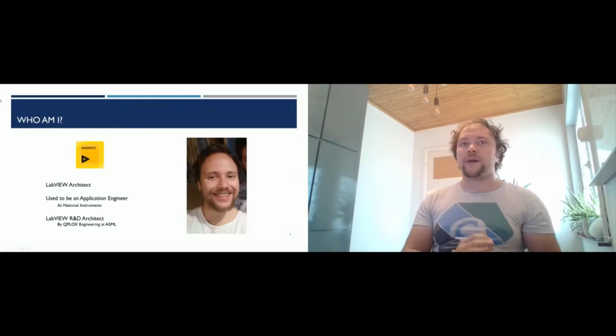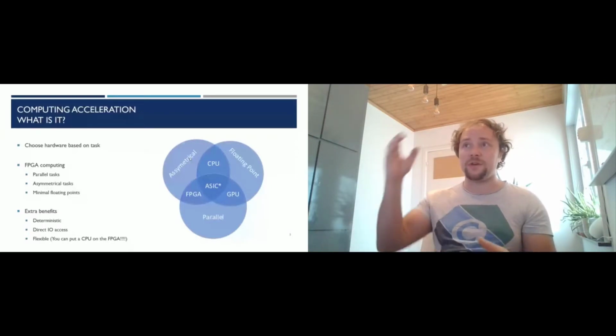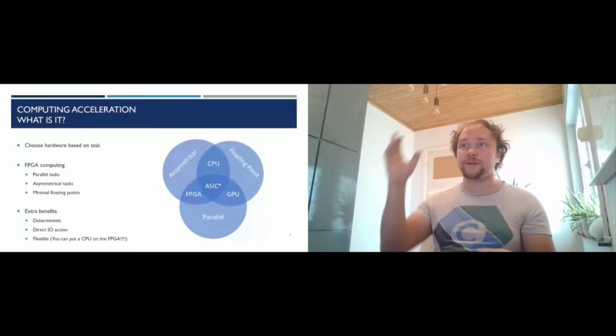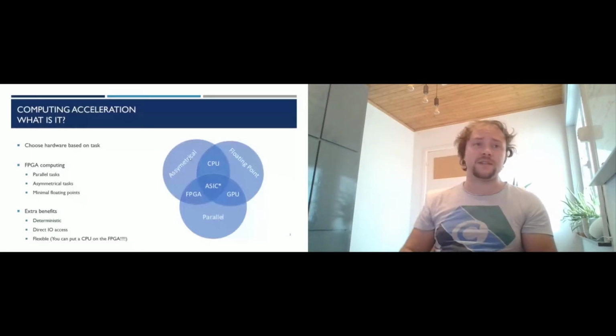If you're looking for more asymmetrical and floating points, then most of the time the CPU is the best way to go forward. Most of you are already using this, for example, as producer-consumer loops, where each loop is doing its own little thing, or actors, where each actor is doing its own thing, which is most of the time completely different from the other actors.